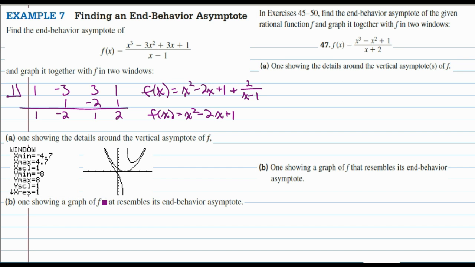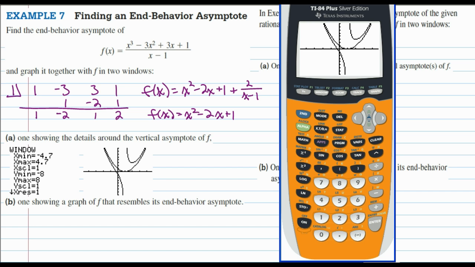But part B asks us to graph the 2 functions so that f and the quotient that we found have the same end behavior asymptote. So that means I have to zoom out to see what the ends look like. I played around with the windows a little bit, and because the end behaviors are supposed to look the same, f is supposed to resemble its end behavior.